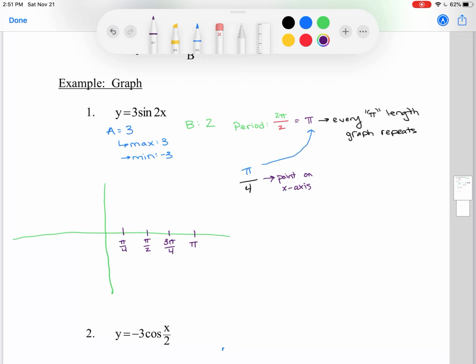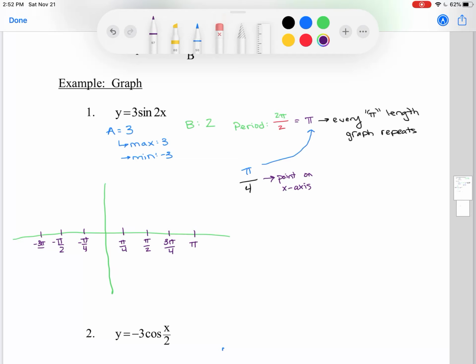The next pi over 4 is going to give me a 2 pi over 4, which will simplify to pi halves. The next pi over 4 will give me 3 pi over 4, followed by, what do you know, 4 pi over 4, which is a nice pi. So everything on that right-hand side now is going to be condensed into your period. You're going to have a full cycle of this sine picture.